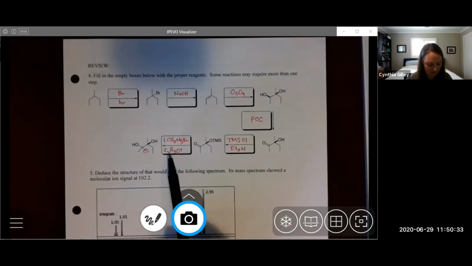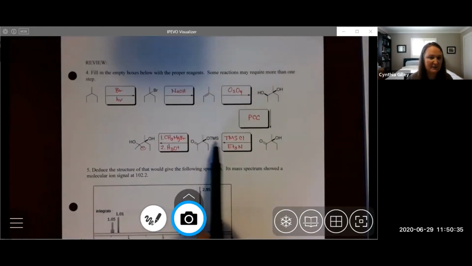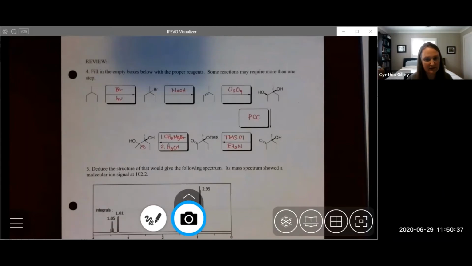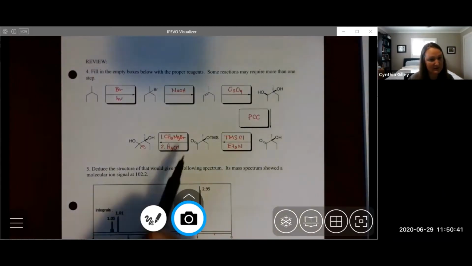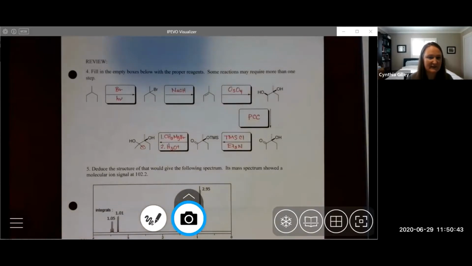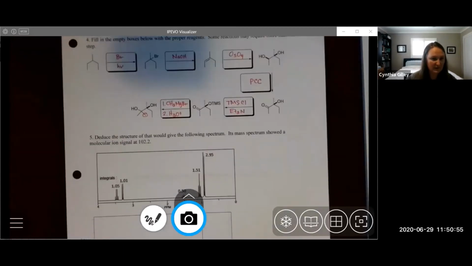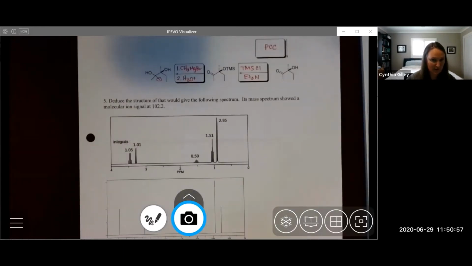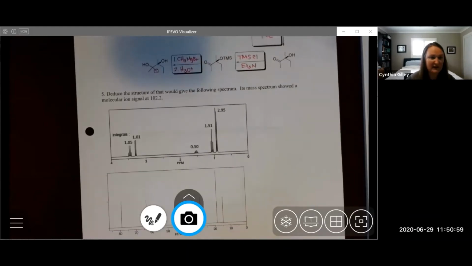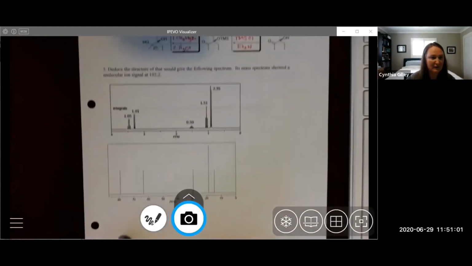So if you added enough acid, it's likely that the TMS will be gone without the need. So sometimes it's written as a separate step for TBAF, and sometimes it's a case-by-case scenario, whether it gets removed and then you don't have to use TBAF, or it doesn't get removed and then you do have to use TBAF. An organic chemist would be able to know whether or not it got removed from analyzing the product and figure out if they need to.